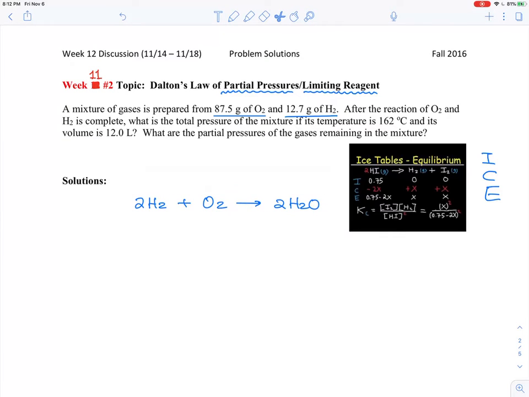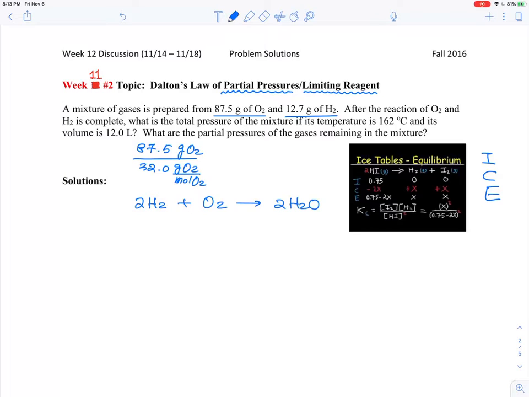So let's use this, but before, we need to figure out what this 1887.5 grams of O2 means. We know that it is 32.0 grams of O2 per mole of O2, right?